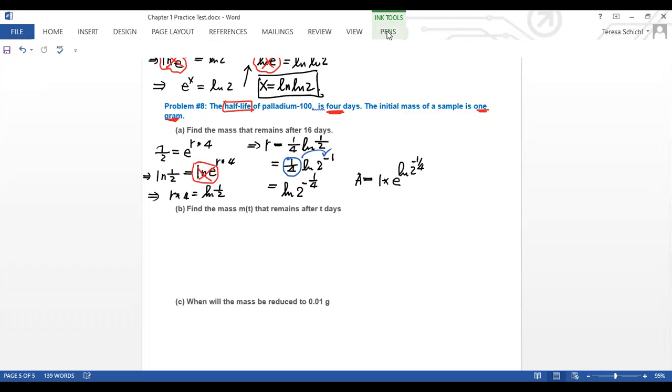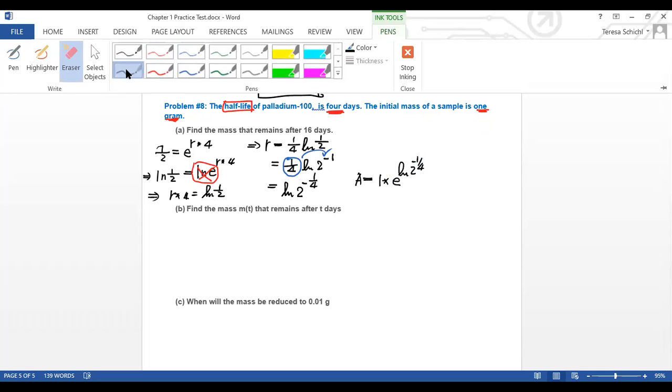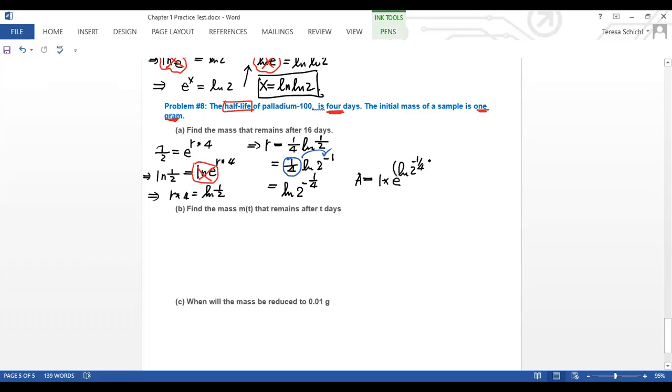Okay, so now I'm looking for how many days? 16 days, right? So in order to cancel that out, here, this is e. So then I need to move the 16 to here. So I have the natural log of 2 to the negative 1/2 times 16.